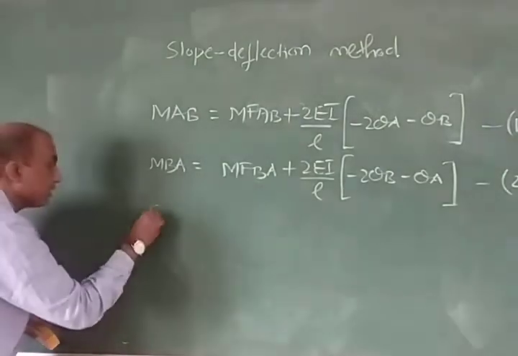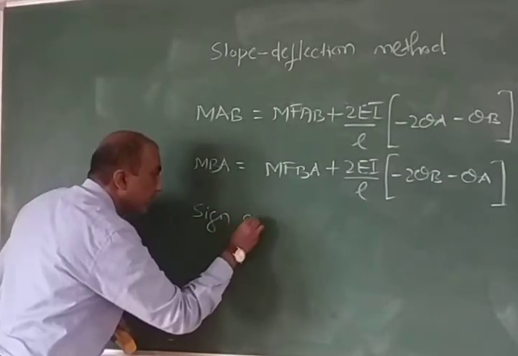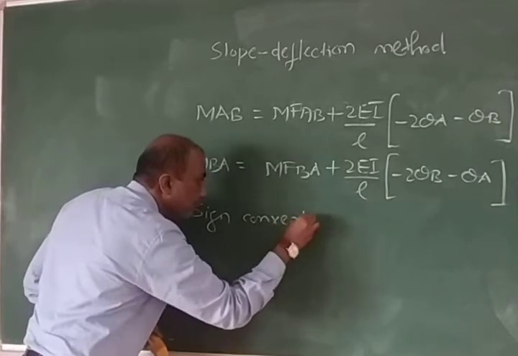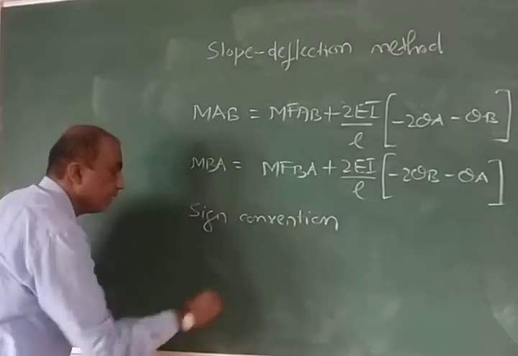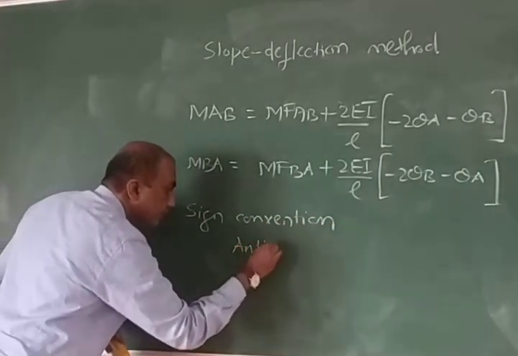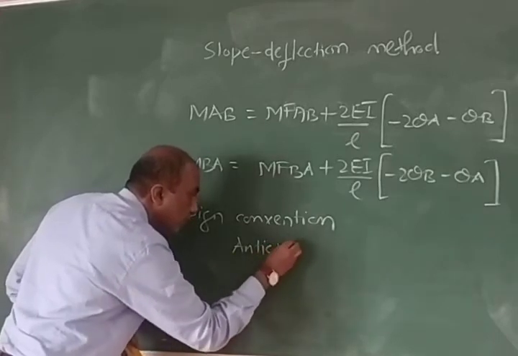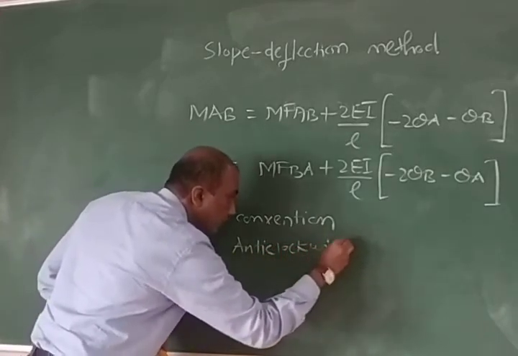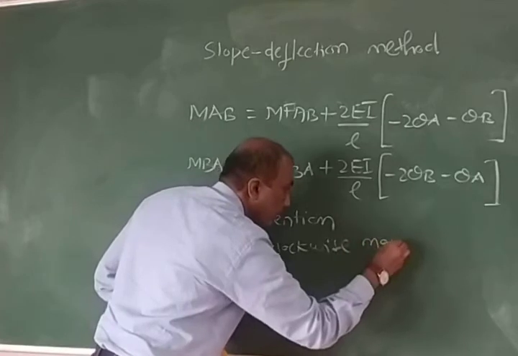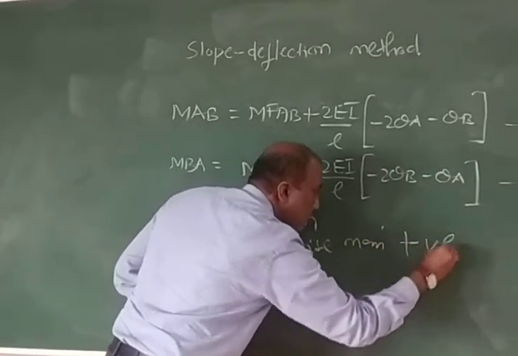And the sign convention that I am going to use, I have already mentioned in the last session, but again I will mention. Sign convention: anti-clockwise moments are positive. Keep this in mind.